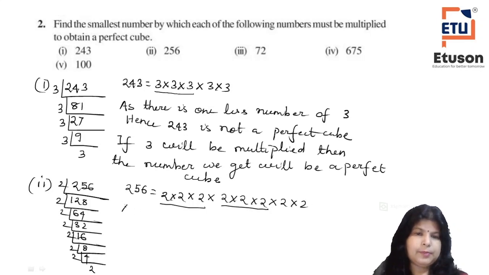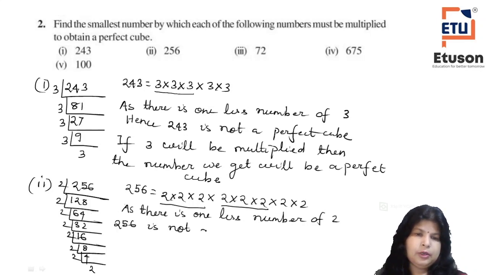So same thing, as there is one less number of 2, 256 is not a perfect cube.